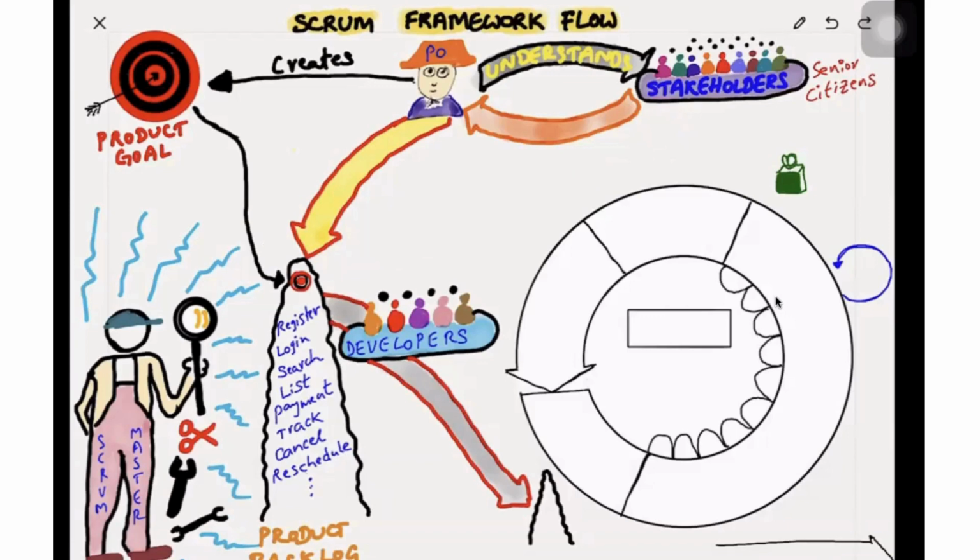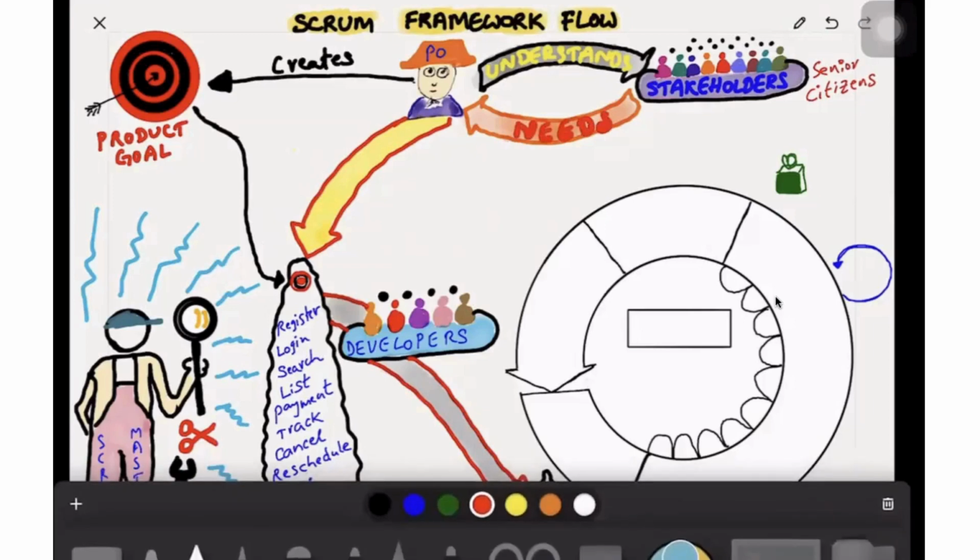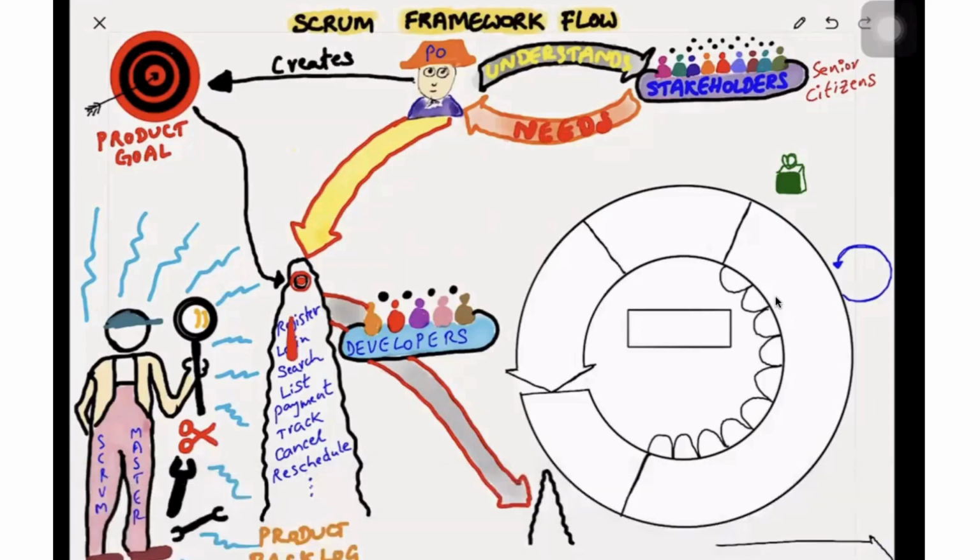So the product owner constantly gets in touch with the stakeholders to understand the needs and puts them into the product backlog as PBIs. We call them product backlog items. These are nothing but the requirements related to the product.